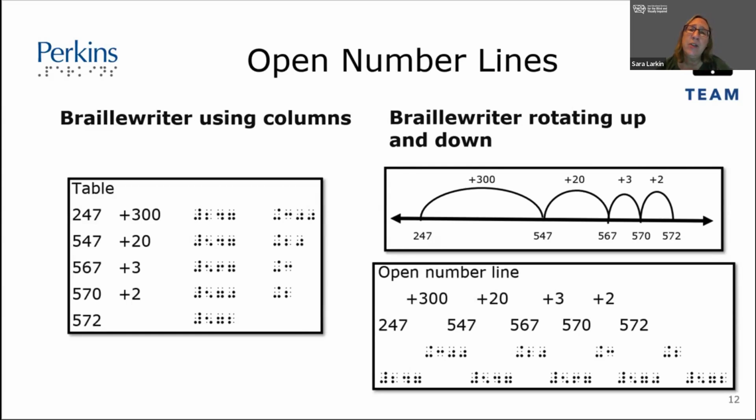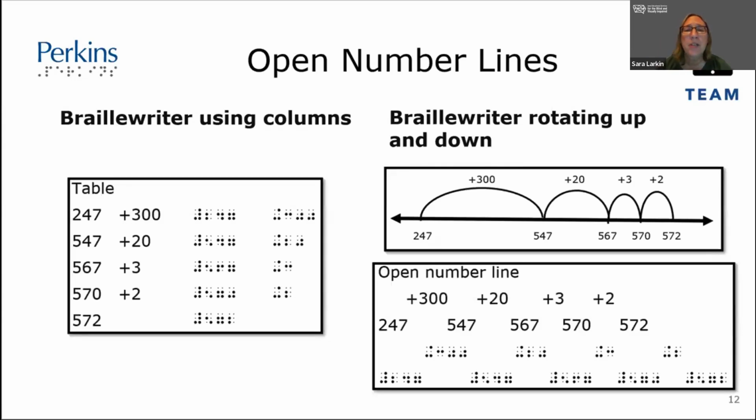A second way they can do it is by rotating the Braille writer up and down. They would start a couple lines down from the top of their page and write the number 247. Then they can rotate the Braille writer up and write plus 300. Then when they rotate it down, they can reference the 247 plus the 300 to write the answer of 547.